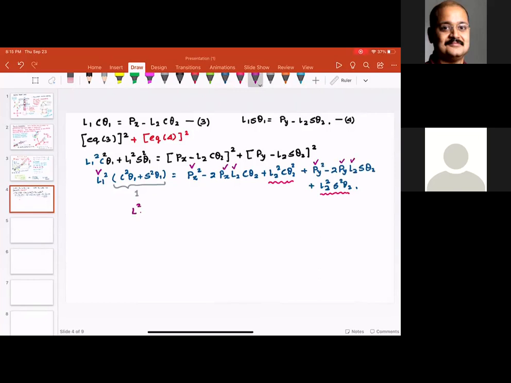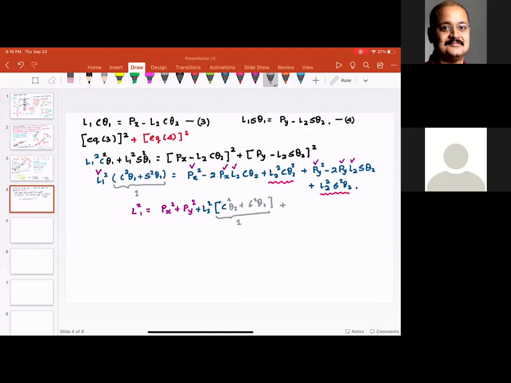So now my equation is simplified: px square plus py square plus L2 square, and because cosine theta 2 square plus sine theta 2 square, this guy becomes 1.